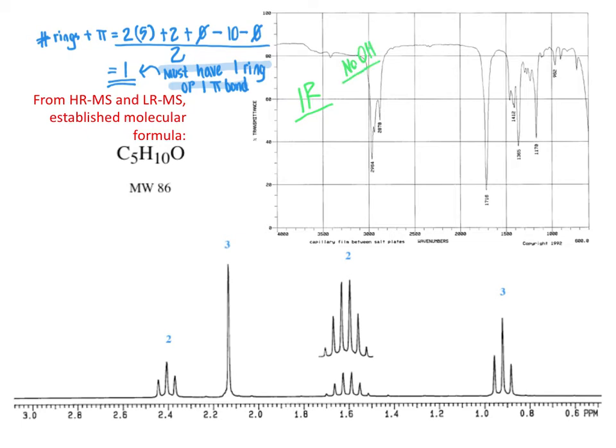We can also look around 1700 wave numbers for a strong signal that would be diagnostic of a carbonyl group in an aldehyde, ketone, ester, amide, or other type of functional group. And indeed, looking at the region around 1700, we see here at 1716, labeled here, the strongest signal in the spectrum.